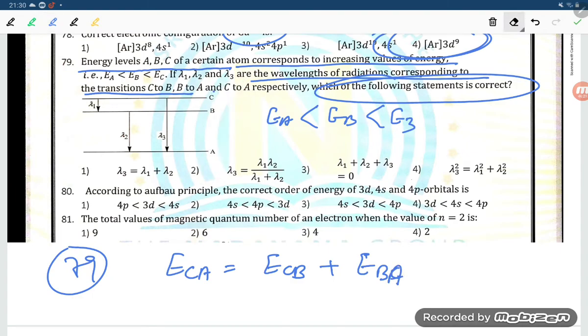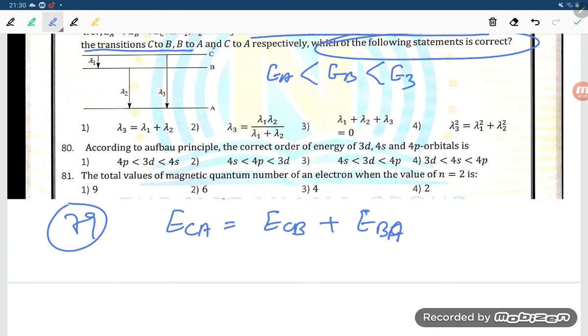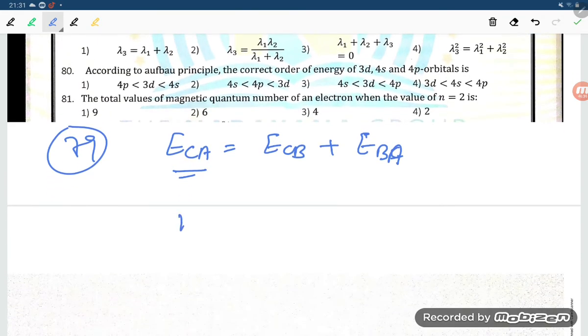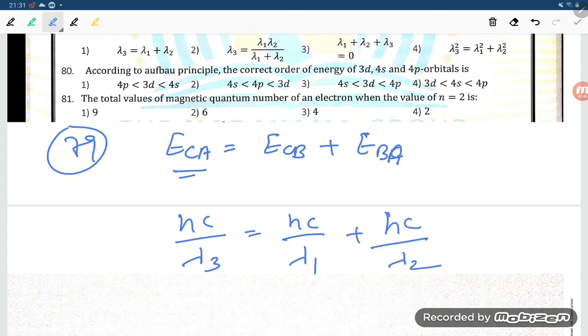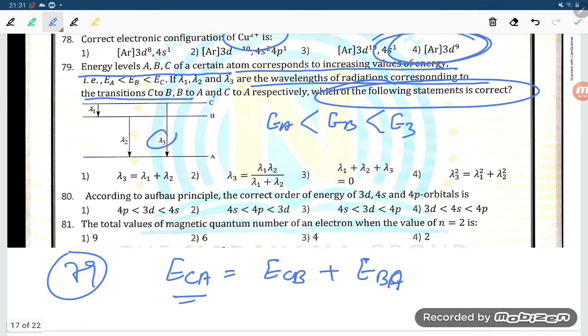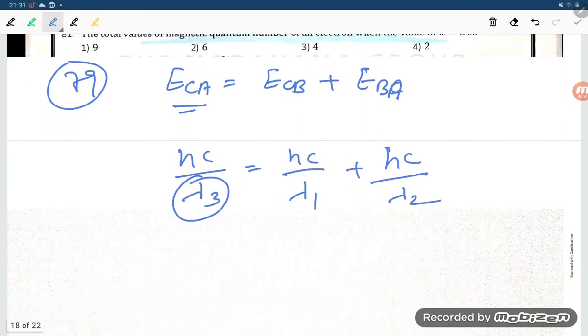Here you see the diagram, BA. What is the wavelength value they have given for CA, student? HC by lambda 3, and HC by lambda 1 plus HC by lambda 2. They have given lambda 3, lambda 1, lambda 2; in the diagram you can see 3, 2, 1. All the values we put.